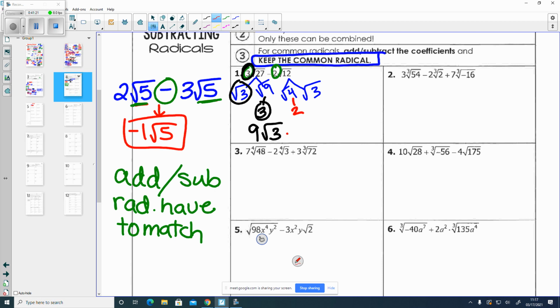That's being subtracted. So minus 4 root 3. Now they have the same radical. Okay? And so what is 9 minus 4? 5. So the final answer is 5 radical of 3.